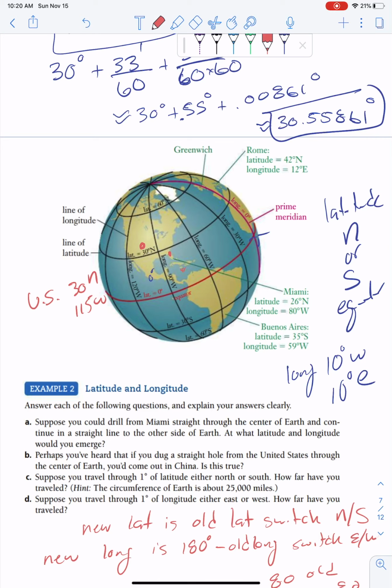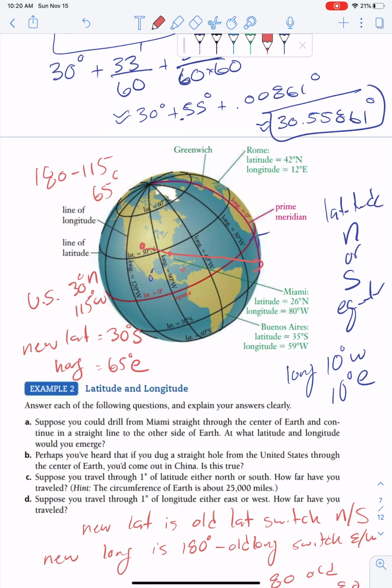So if I go straight through the earth and come out the other side, my new latitude is going to be 30 degrees south. And my new longitude, I take 180, I minus 115, and I get 65 degrees, and I used to be west, now I am east.